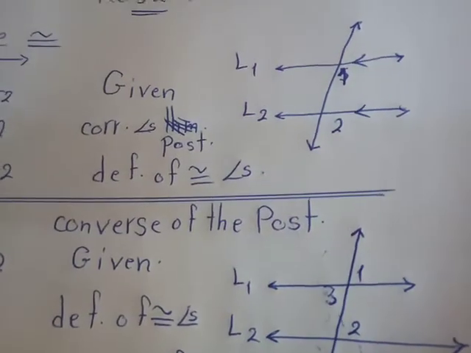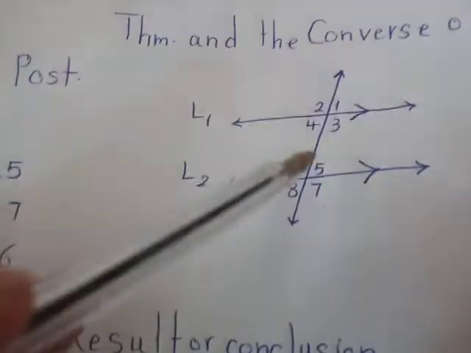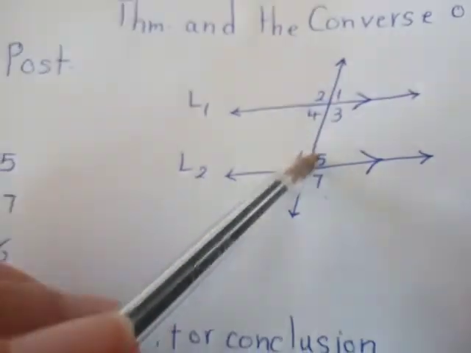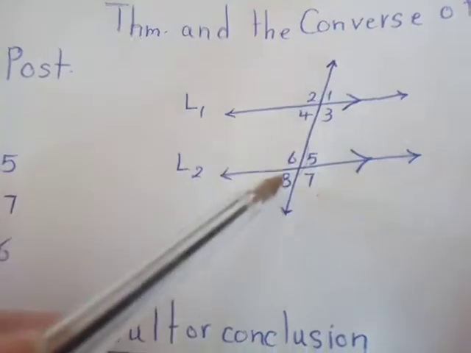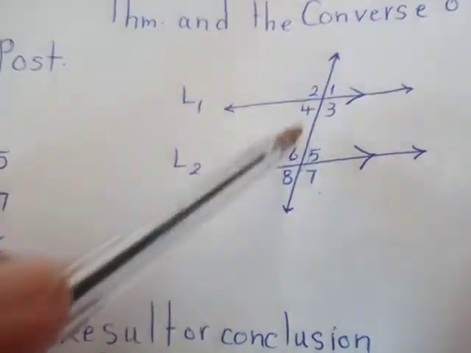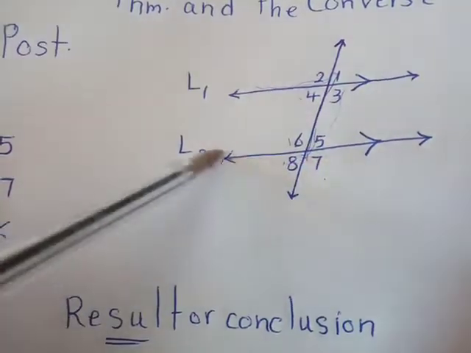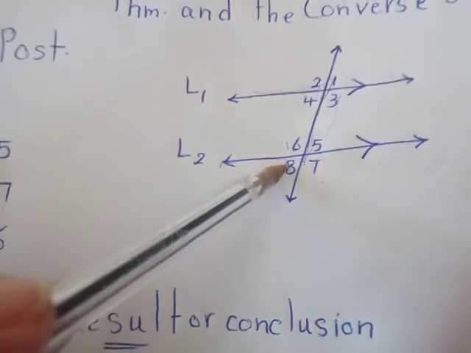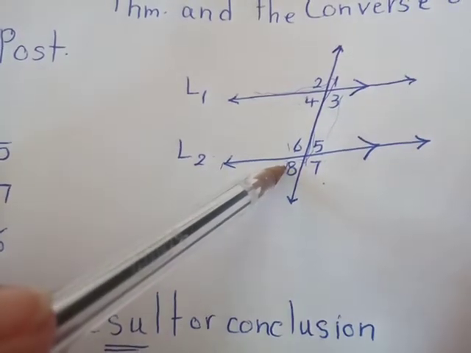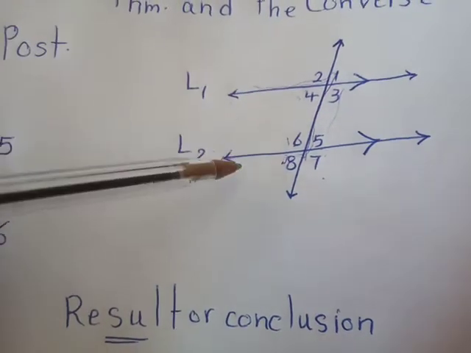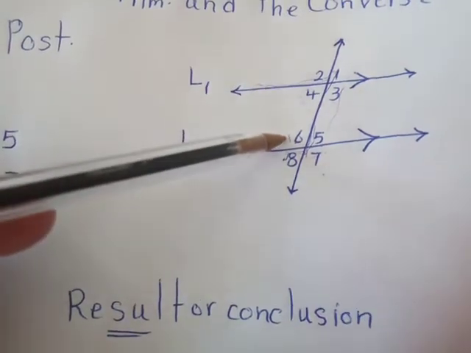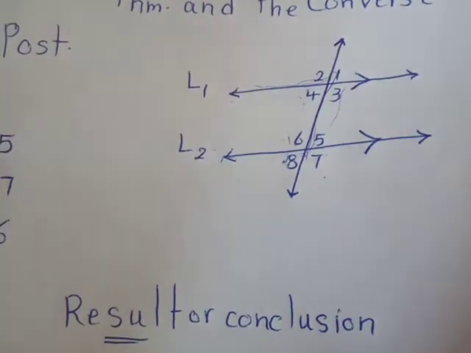Here the last one, and alternate exterior angles are the same way. We have the same side interior theorem, angles 4 and 6, with the letter U or C shape. So 4 and 6 are same side interior. And we have two parallel lines, so they are supplementary. What is the meaning of supplementary?